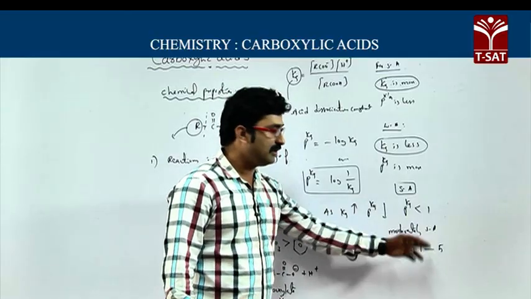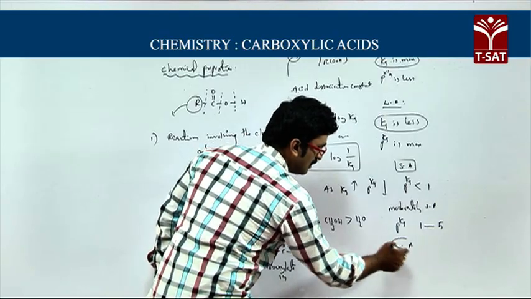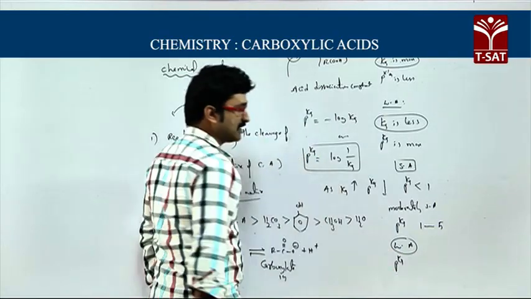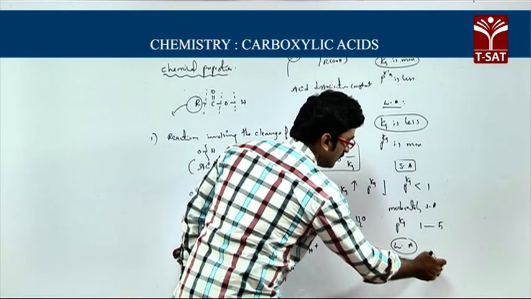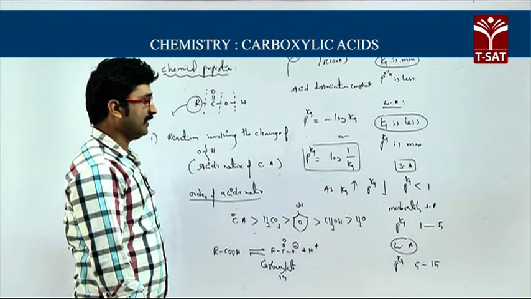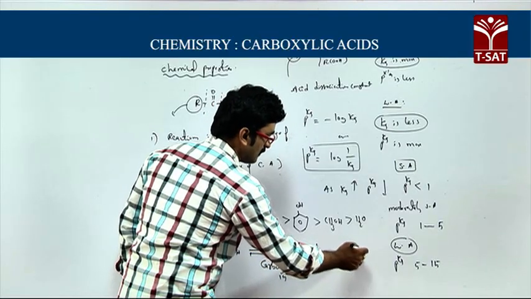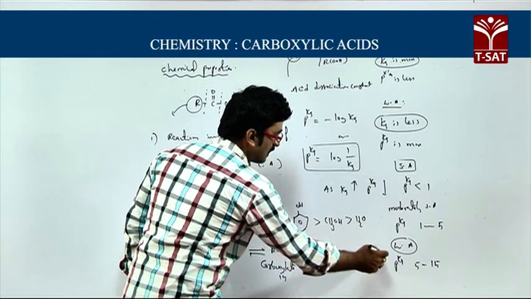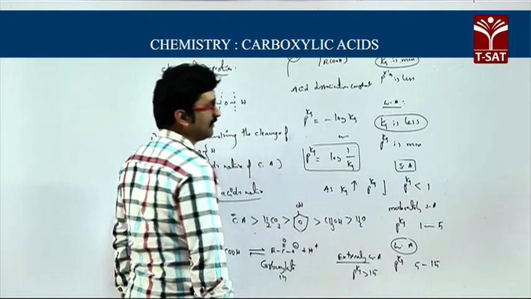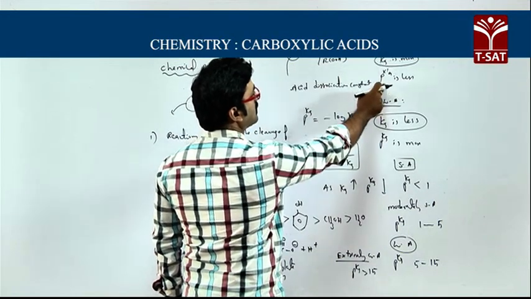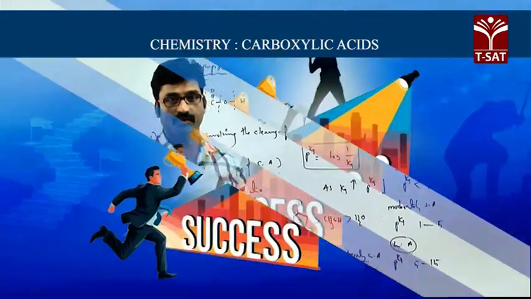And for weak acids, the pKa value is found to be 5 to 15. Whereas for extremely weak acids, pKa is greater than 15. For strong acids pKa is less, so for extremely weak acids pKa is more than 15.